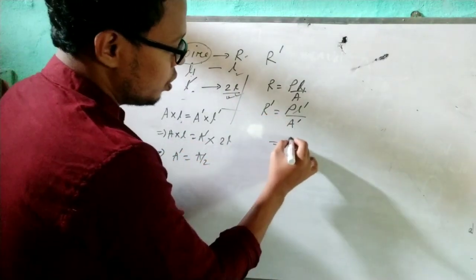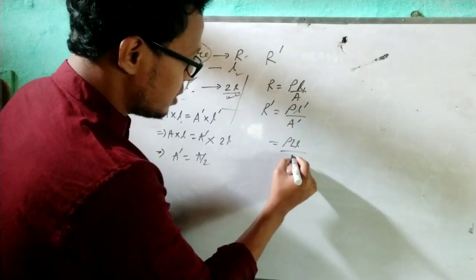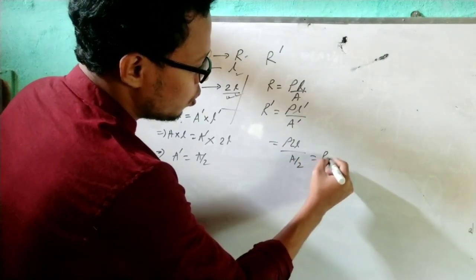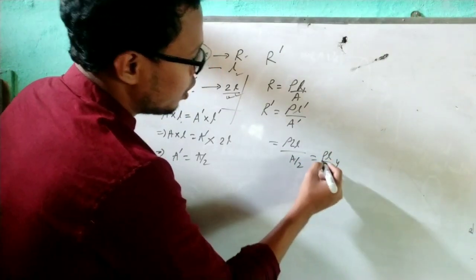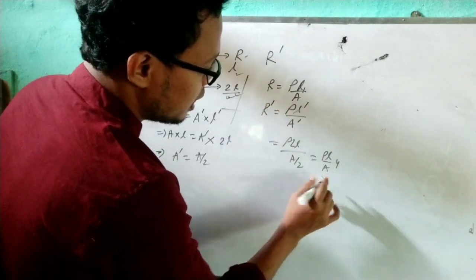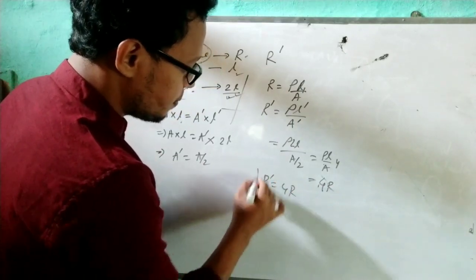Put over here: rho L dashed means twice L divided by A dashed means A by 2. So this will be rho L by A into 4, and rho L by A is R. So R dashed equals 4R.